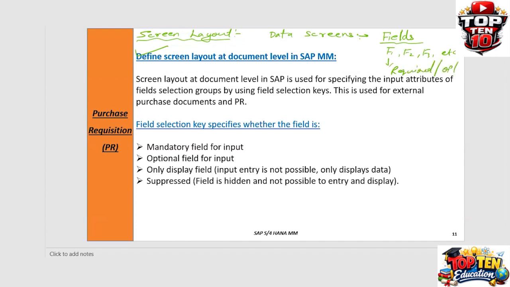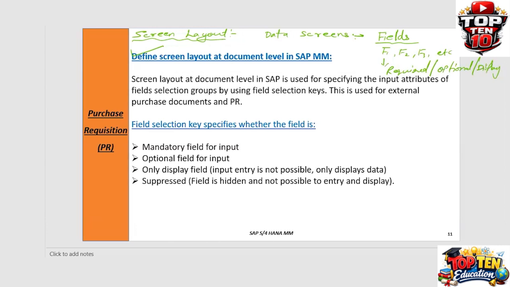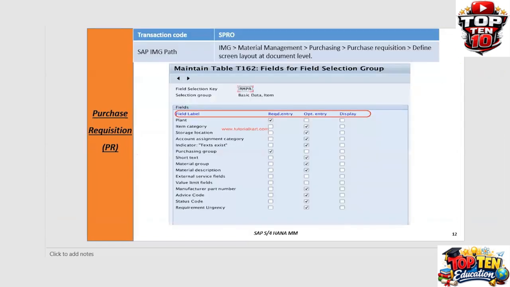Second, optional. Third, display only. We can control that through one field selection key. If the standard purchase requisition document type is NB, then the standard field selection key for that will be NBB. Like this, we can control the fields. Okay, moving downside.